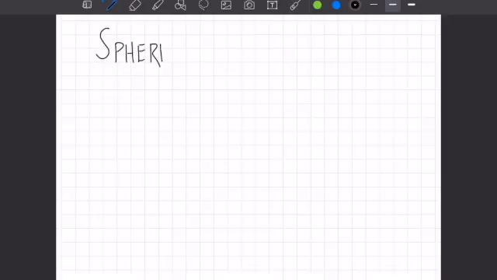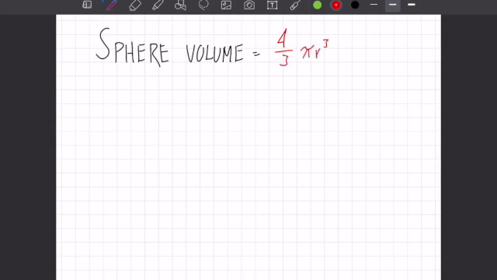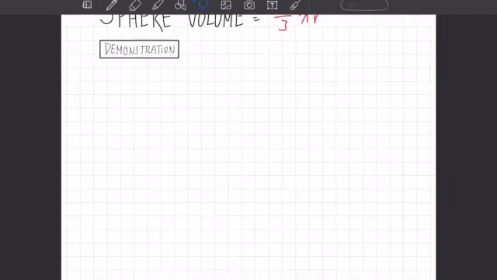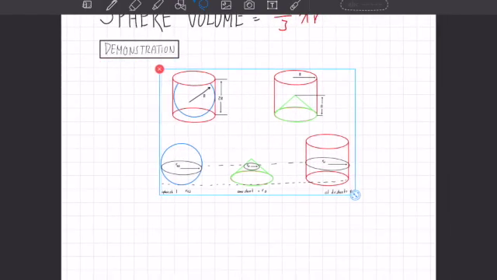But the sphere has a unique way to solve its volume, because for this figure you will need the volume of two more figures, a cylinder and a cone, according to a process described by Archimedes. Why? This drawing may help you out.